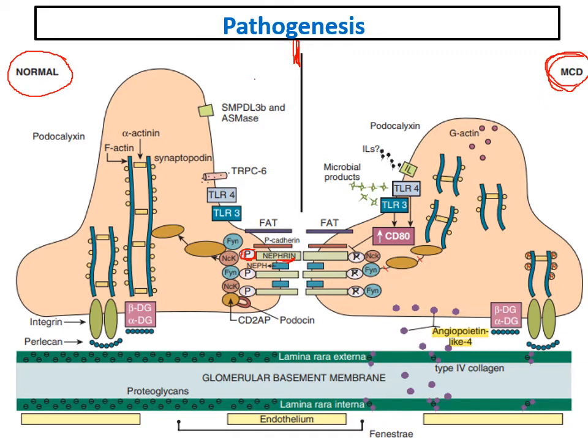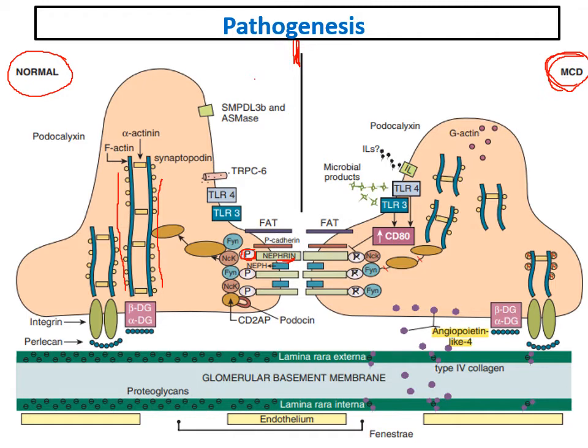When it becomes phosphorylated, it becomes more active, and it will help in the structure of the cytoskeleton. Look here, the cytoskeleton of the podocyte. Very important. Cytoskeleton formed by the alpha-actinin, F-actin, and synaptopodin.